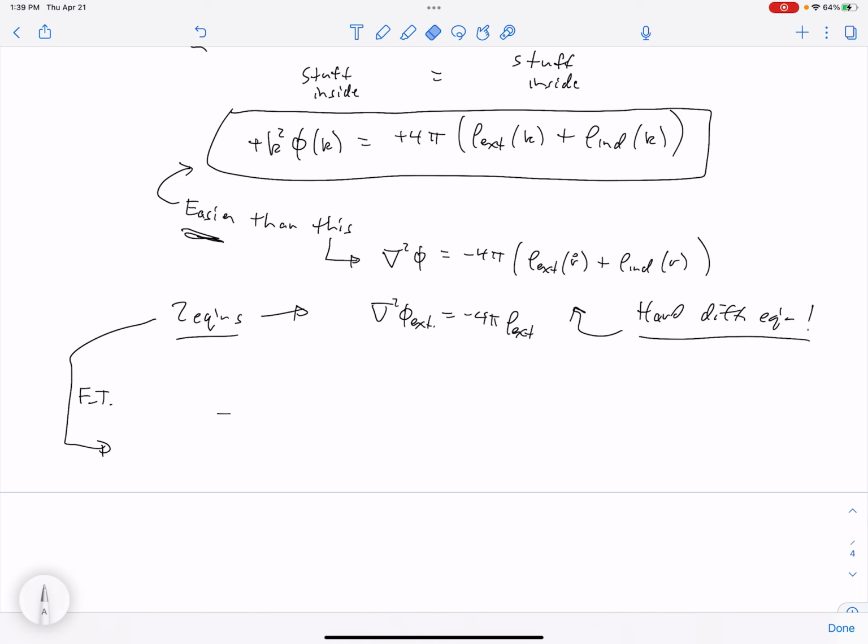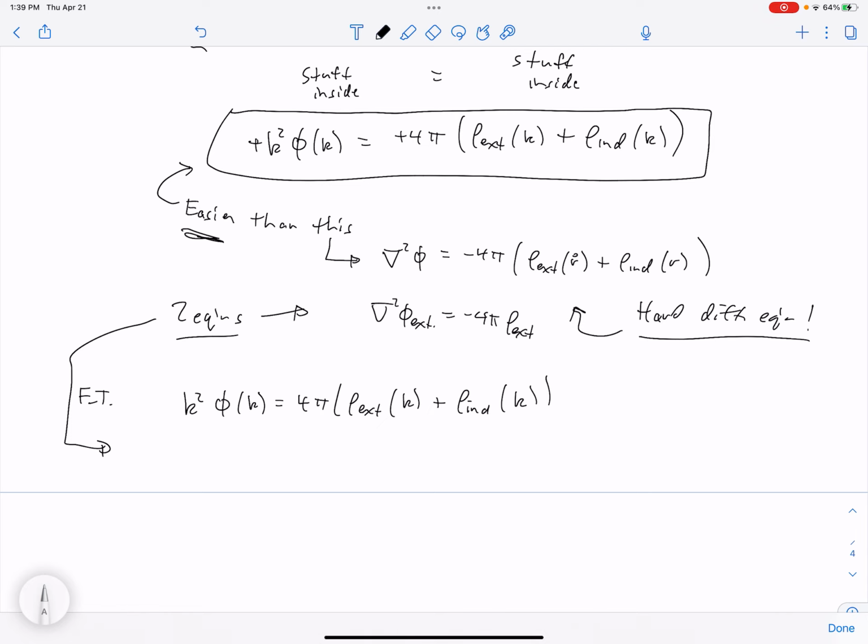So let's just write it as k squared phi of k is equal to 4 pi, rho external of k plus rho induced of k.